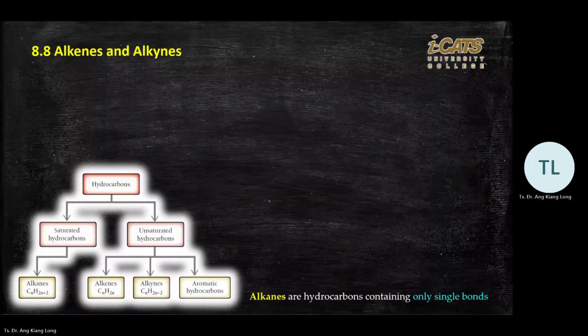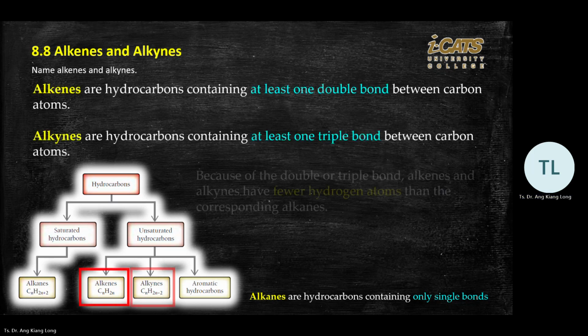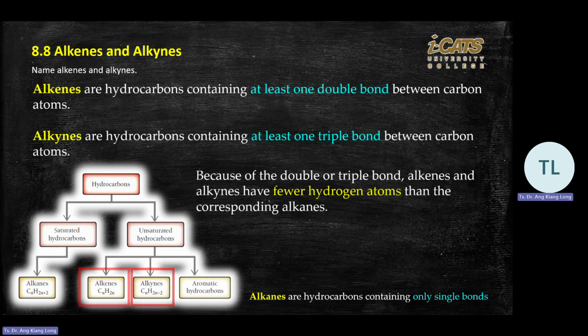Okay. So the rest I go very fast because it repeats the same concept. Why is it called unsaturated? It is because you have less hydrogen compared to saturated carbon, and this is the chemical definition.